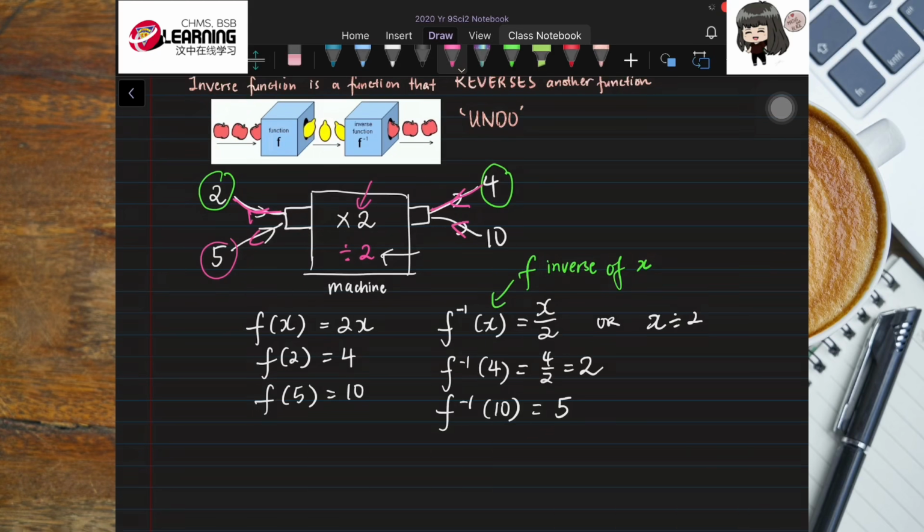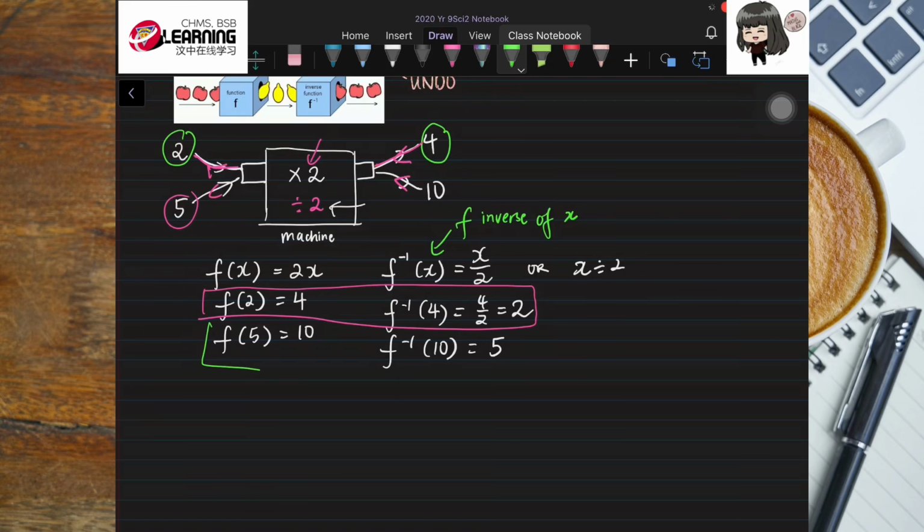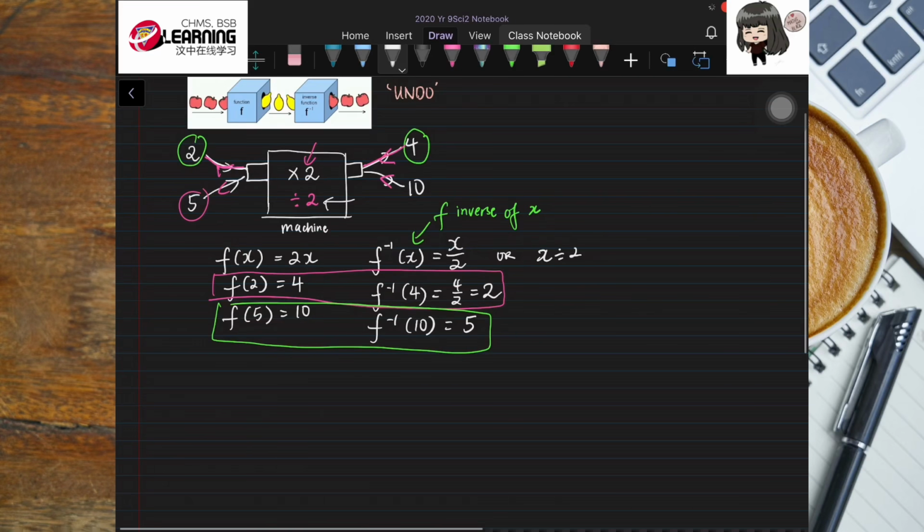Look at this. It's a reverse process. Let me repeat that one more time. If you have f, your input is 2 and it will become a 4.